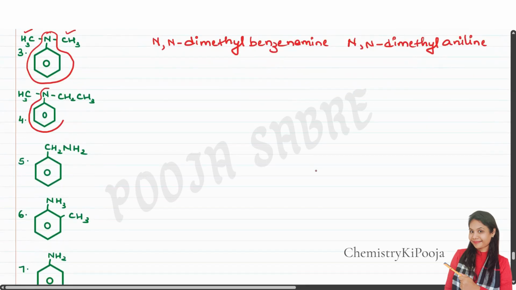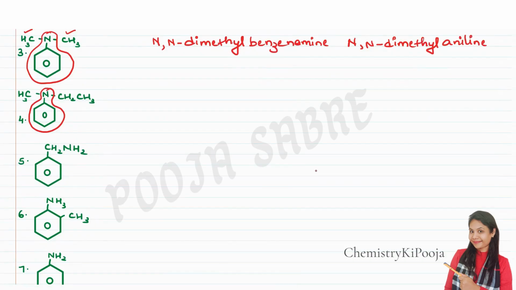The next question is again of a similar type. This is benzenamine. On one side I have ethyl, and on the other side I have methyl, right? Out of these two, I'm going to write the ethyl group first. So this will become N-ethyl, then N-methyl, and the parent is benzenamine.